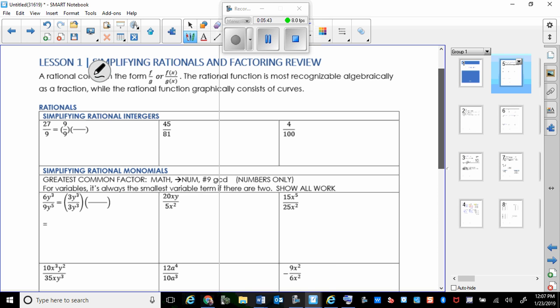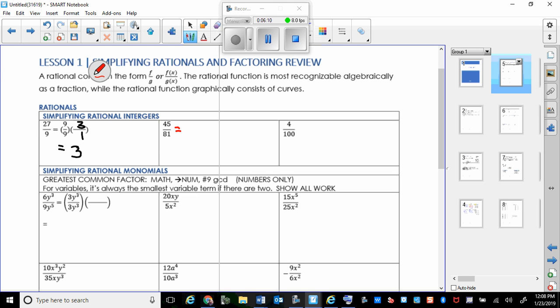So here, if I factor out the greatest common factor, that's 9. 27 divided by 9 is 3, and 9 divided by 9 is 1. So simplified, this just equals 3. All right, so we're practicing factoring out the biggest number we can divide out of the top and the bottom.